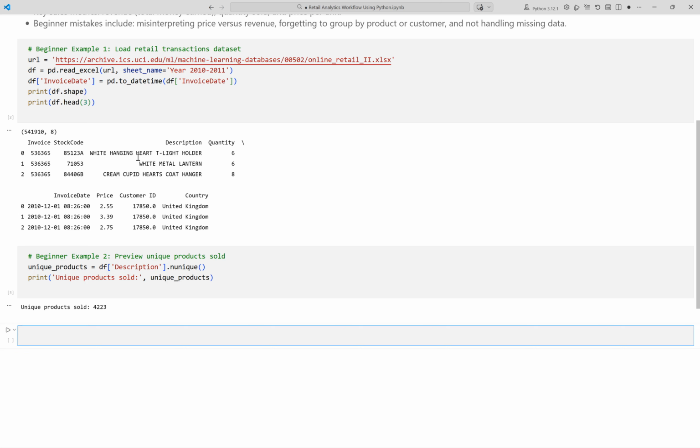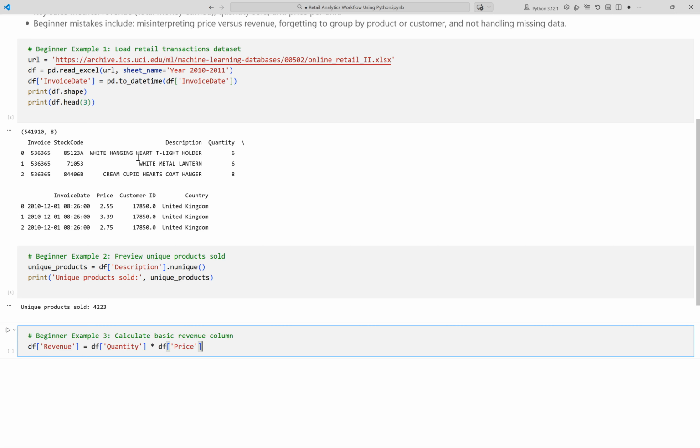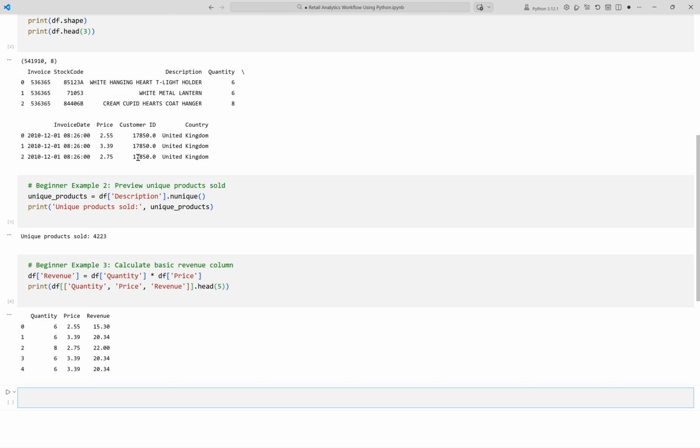To analyze sales, we need to know the revenue from each line item. We create a revenue column by multiplying quantity sold by item price. We show quantity, price, and calculated revenue for the first few rows. Running the cell now. This output shows the first 5 rows of the dataset with the new revenue column, calculated as quantity times price per unit.